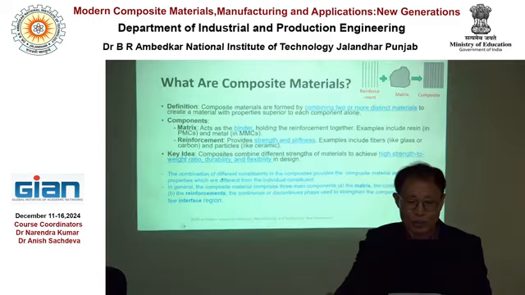So a combination of different constituents in composites can provide the composite material a unique property which is different from the individual constituents. So we can find a much better property as a result.